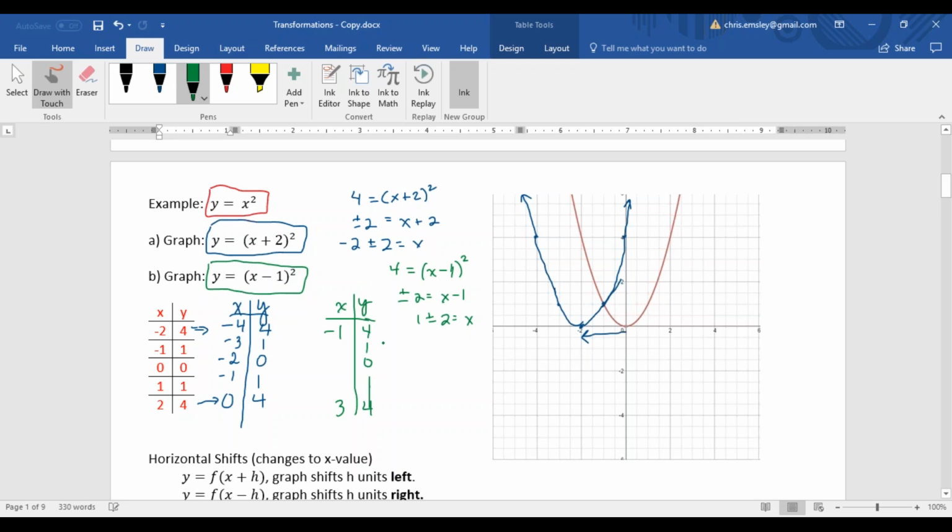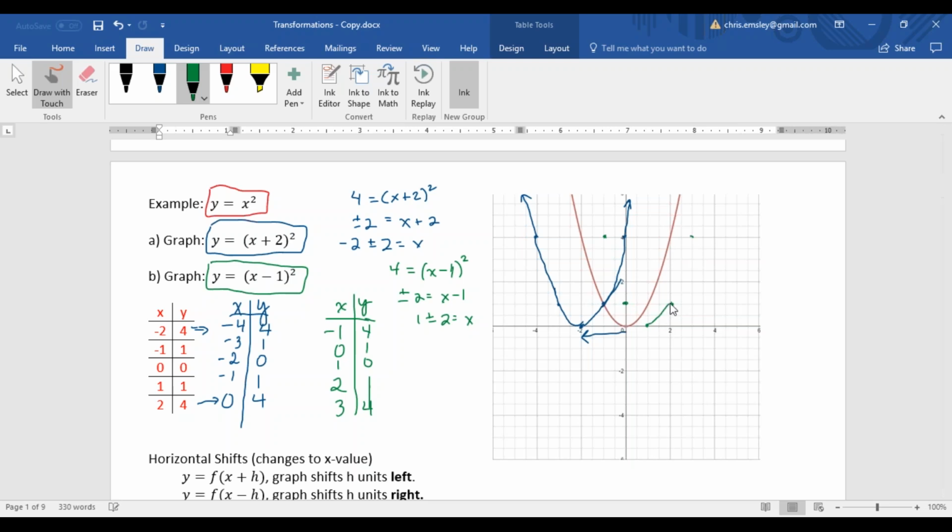And again, I could do that with these other points too. In place of 4, I put a 1 here and solve for x. But I'm just going to go ahead and fill these in for you rather than taking the time to solve each one of those. So there's our new t-table. And when we plot those points, -1, 4 would be about here. 0, 1, 1, 0, 2, 1, and 3, 4.